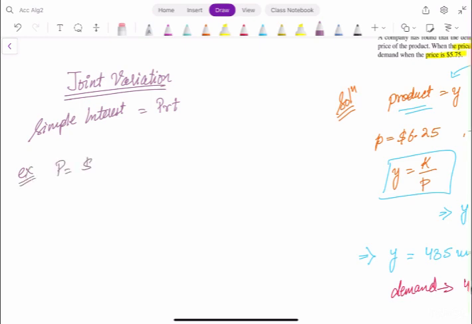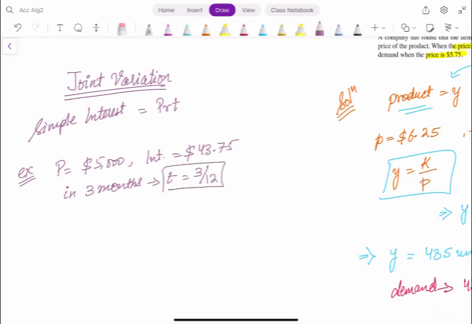For example, let's take one example where the principal amount is 5,000 and the simple interest that you are getting is $43.75 in 3 months. When we are talking about 3 months, we are talking about time as 3 over 12, because out of 12 months, we want to consider only 3 months. And the rate, which I don't know.